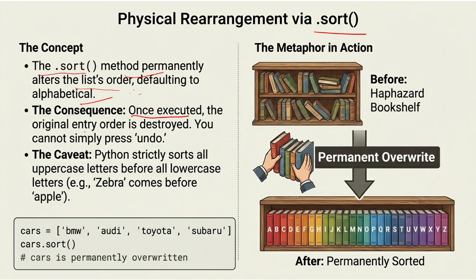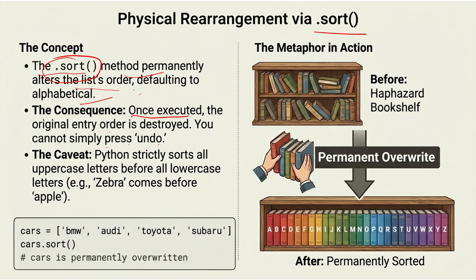Once executed, the original entry order is destroyed. You cannot simply press undo. Once you have called this dot sort method, the original order of the list is destroyed, the list is permanently sorted in alphabetical order, and you can't undo it.